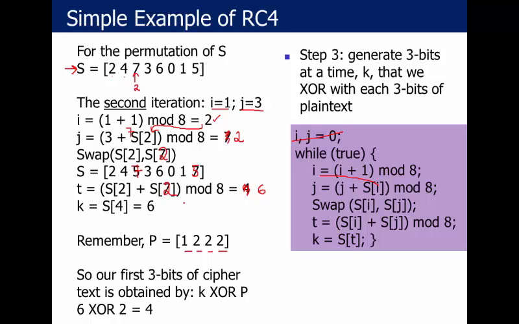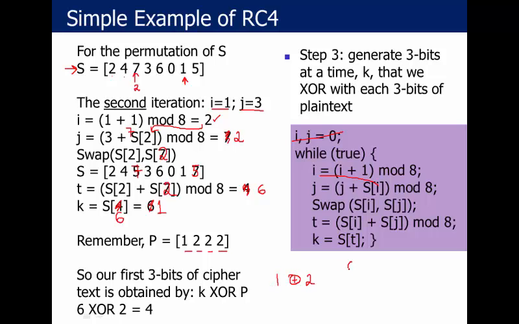So t equals 6. So this is not 4 but 6. S of 6 is what? 0, 1 is 1, right? So this should be 1. So everything is different. So 1 exclusive or 2.